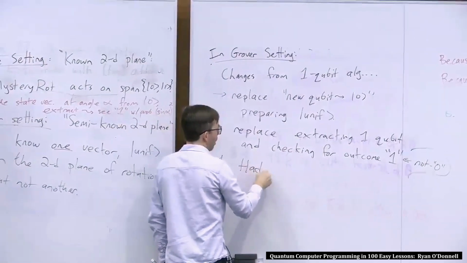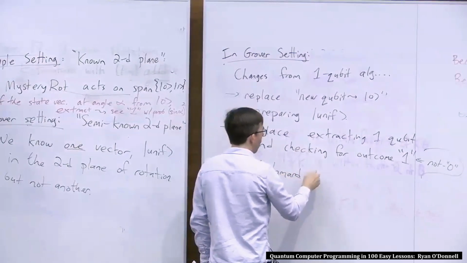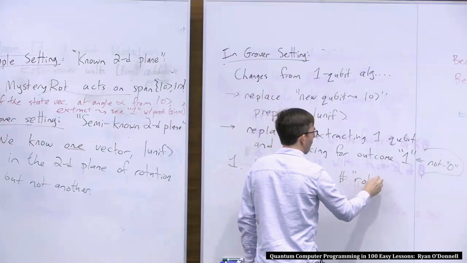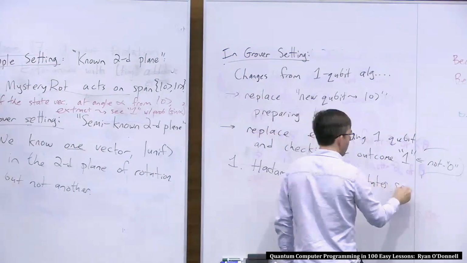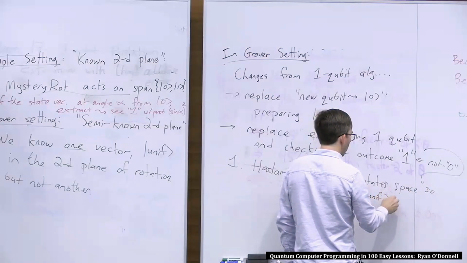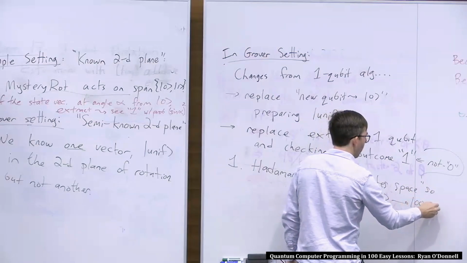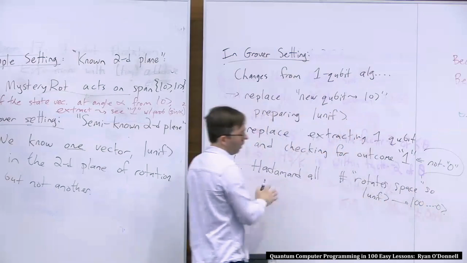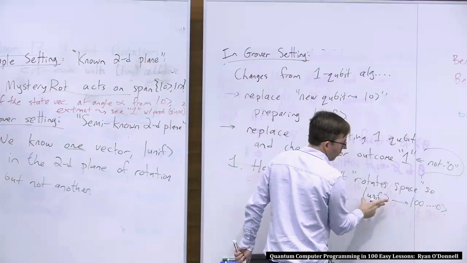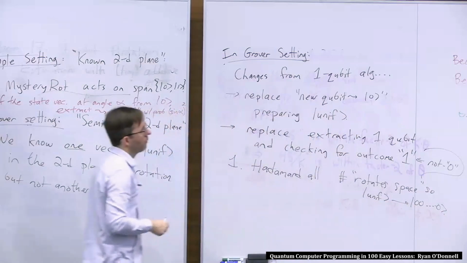What you do is Hadamard all. And the point of this is it rotates space so that ket uniform goes back to all zeros. And remember, Hadamard all is its own undo. It takes all zeros to uniform, but also takes uniform back to all zeros.